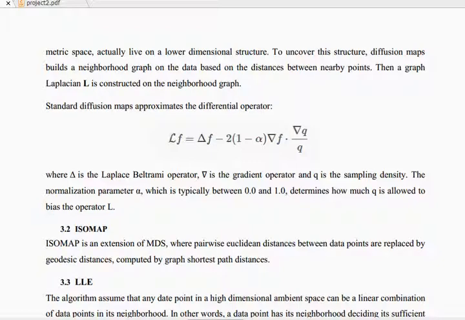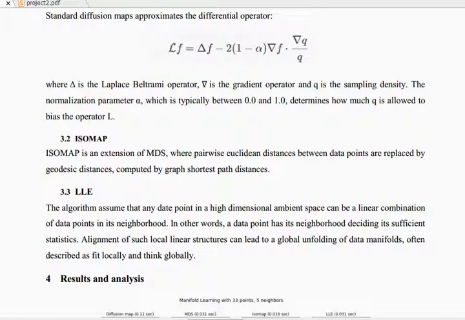ISO map is an extension of multi-dimensional scaling, where pairwise Euclidean distances between the data points are replaced by geodesic distance computed by graph shortest path distance. You can also see the local linear embedding algorithm. It assumes that any data point in high-dimensional ambient space can be a linear combination of data points in its neighborhood.